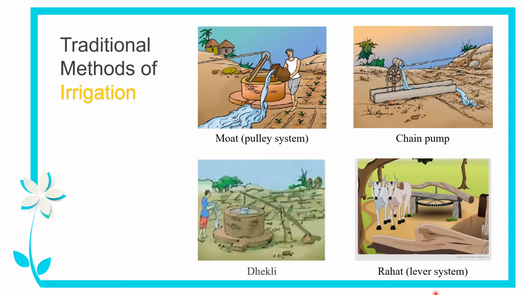When the wheel rotates, the water-filled pots come out of the well one after the other, go over the wheel, come downward, pour water in the channel and get emptied, and then go down again into the well to bring out more water. The water brought out by the pots connected to a continuously rotating belt is used for irrigating the field. And these are the 4 different types of traditional irrigation method.